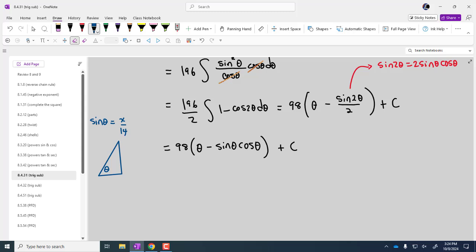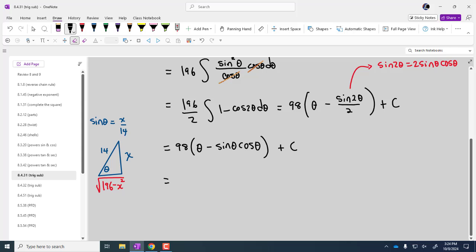So opposite is here. Hypotenuse is there. Pythagorean theorem. This is going to be square root of the hypotenuse squared minus that leg squared. And usually that's going to match something in the original problem exactly, or at least really close. Constant multiplier maybe could be off. So, any questions up to that point?